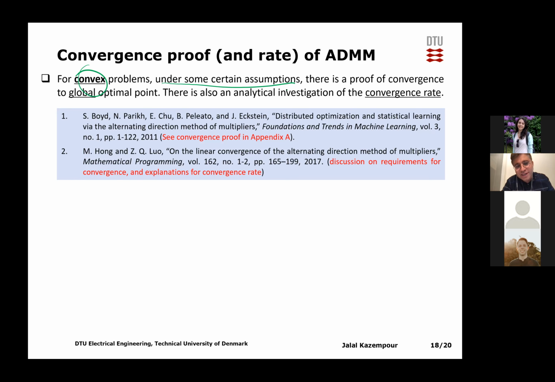But still the original objective function should have continuity. We call it Lipschitz continuous. I'm not going to explain what it is. You can check the assumptions in these papers. There is a proof in Boyd et al.'s paper; you can check the convergence proof in Appendix A of that paper.